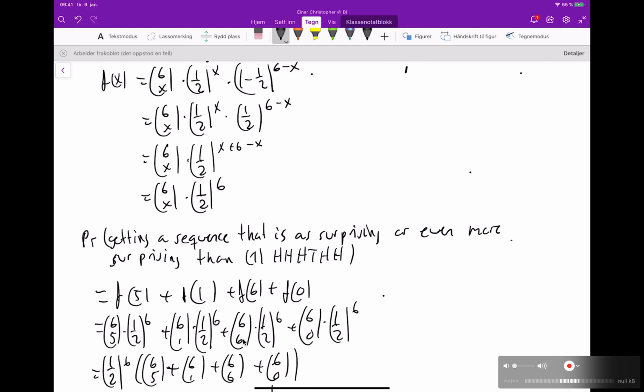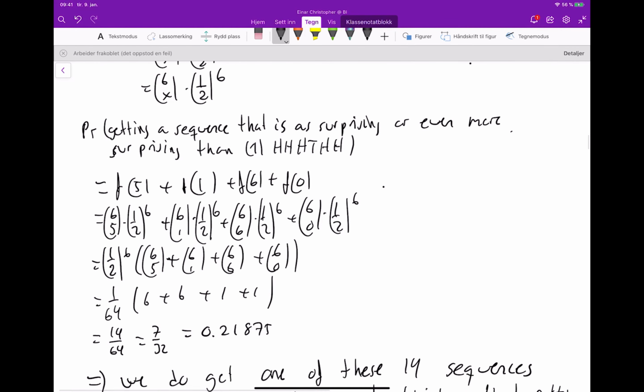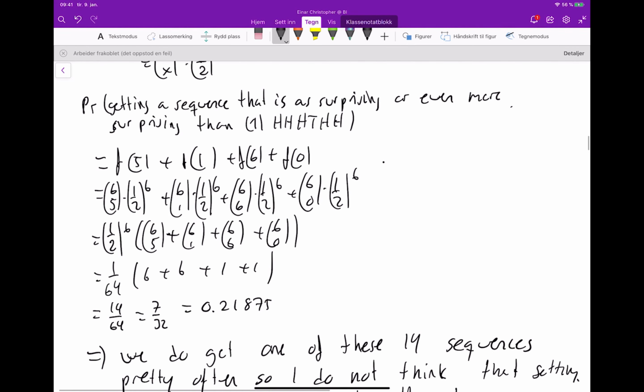And the probability of six heads, or 0 tails, if you want to see it like that, is 6 over 6 times 1/2 to the power of 6. And 0 heads is 6 over 0 times 1/2 to the power of 6. And then I just factorize 1/2 to the power of 6 outside that parenthesis.